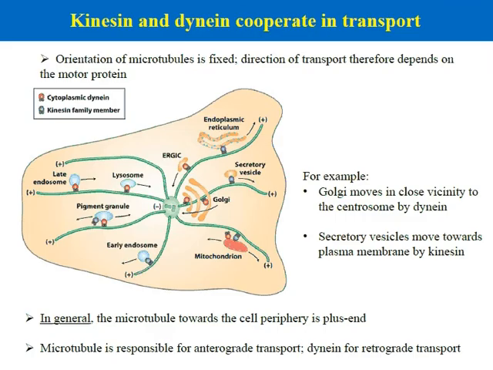So which direction of movement, that is, whether it is carried by dynein or kinesin, depends on the orientation of the microtubule. In general, the microtubule plus end is towards the cell periphery. So in that case, you can imagine that it is general to say, as in this example, that kinesin is responsible for secretory transport, and dynein in general is for retrograde transport.